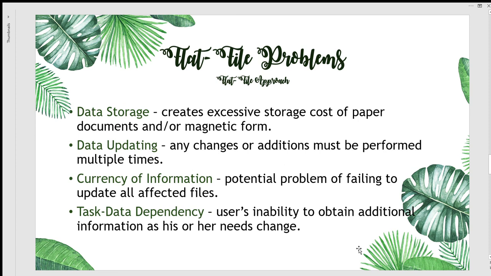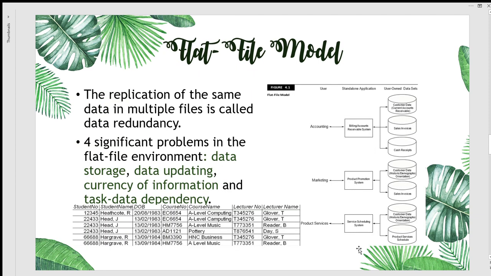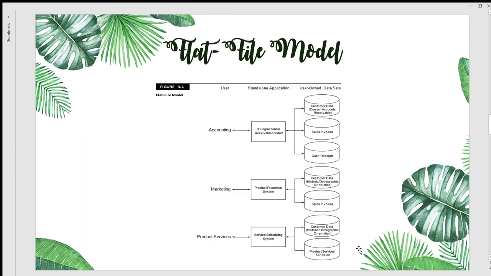Task data dependency. User's inability to obtain additional information as his or her needs change. So, lastly, due to lack of updated data or information, pagdating sa mga decision making, kung alin lang yung meron kang information, dun ka lang magre-rely. For example, nagpalit si customer ng address, no?